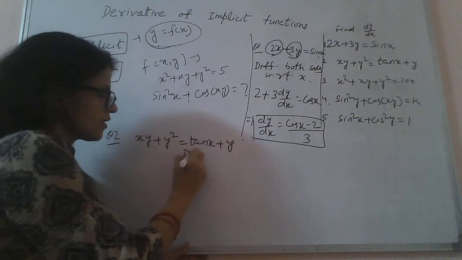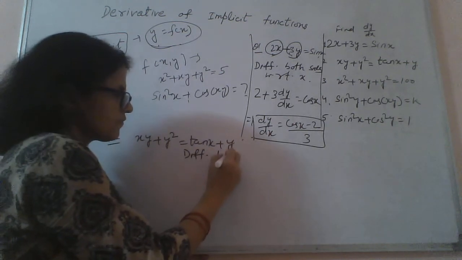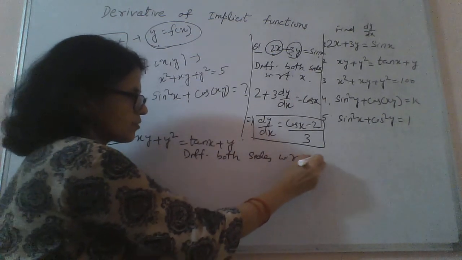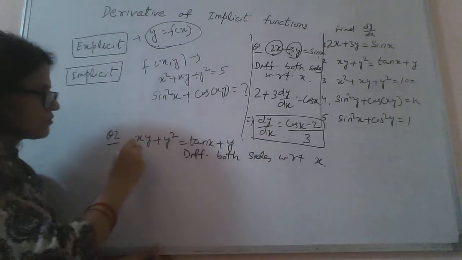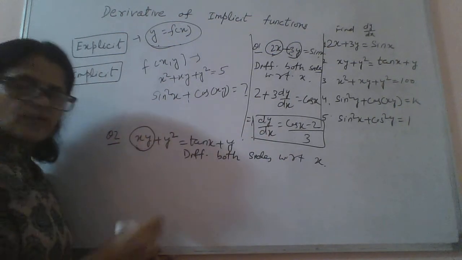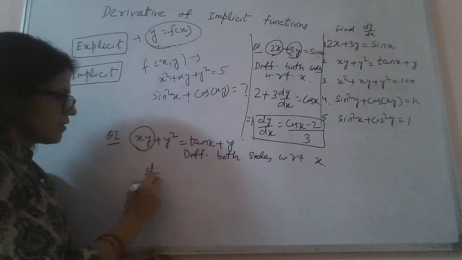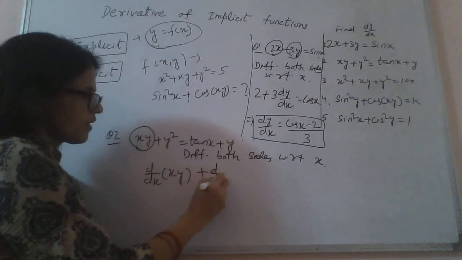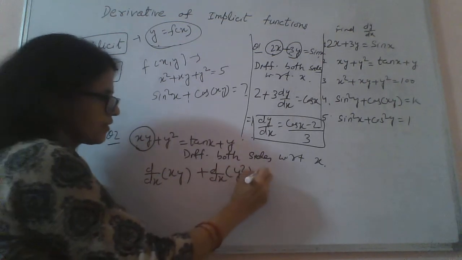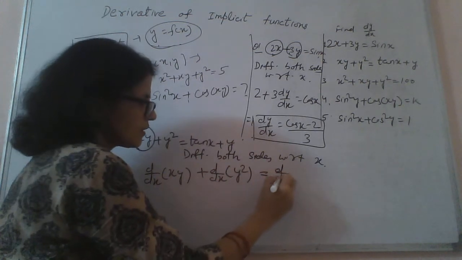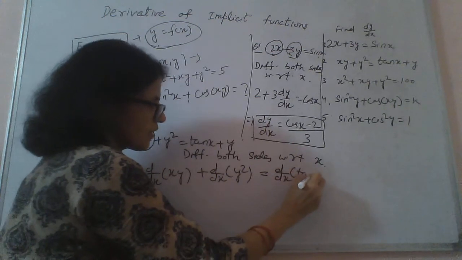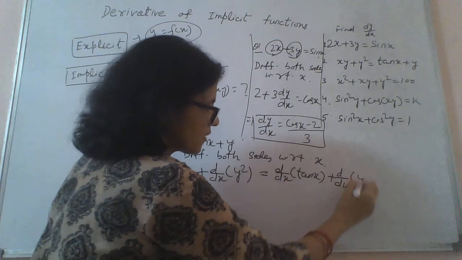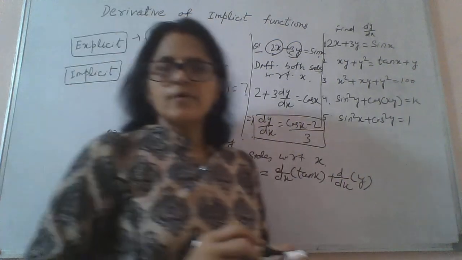Now differentiating both sides with respect to x: d by dx of xy plus d by dx of y square equal to d by dx of tan x plus d by dx of y. Just have a look at the step.